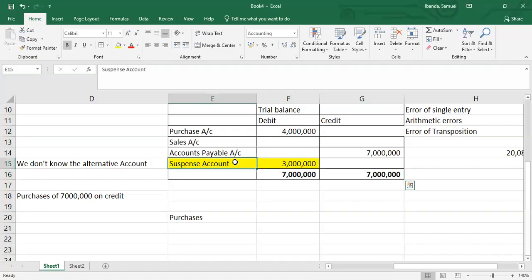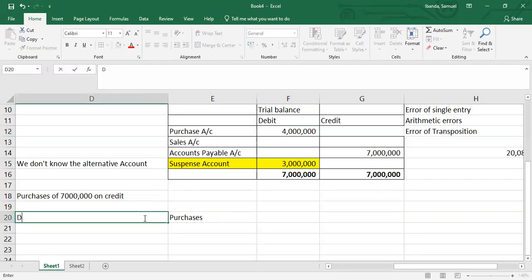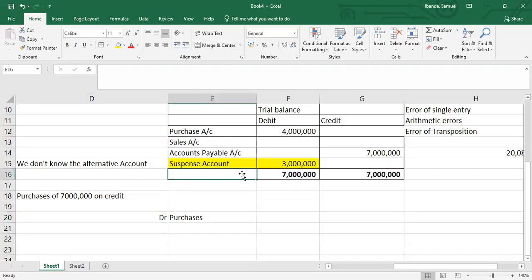Now when you're correcting your errors, remember the suspense account is a temporary account which we should do away with at any point in time. It should not remain within our accounts. So when we are correcting this, we shall move this 3 million to the purchases account, and that is why we debit our purchases. The reason you put a suspense here is because you didn't know where the error was coming from.